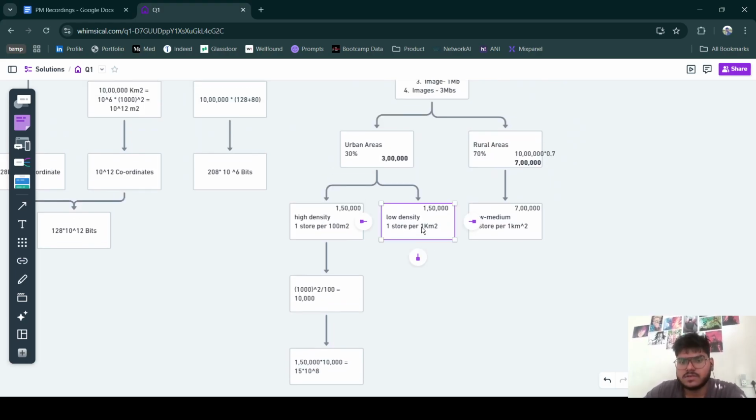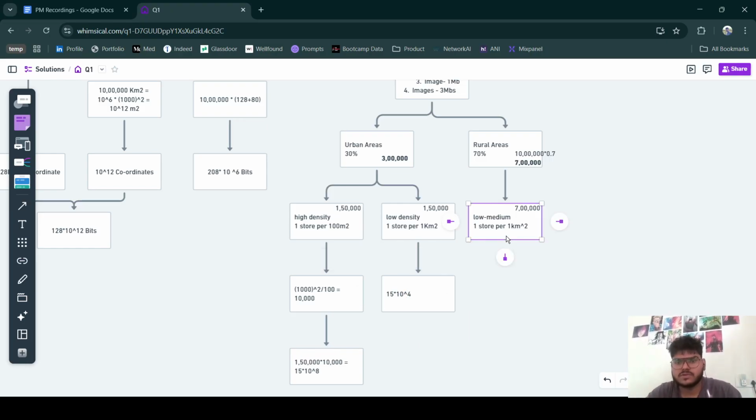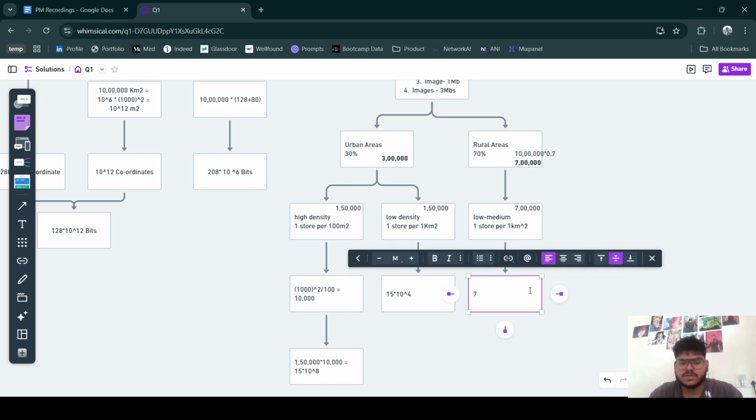And similarly, taking this match, it will say similarly 15 times 10 raised to power 4 stores, where it is around 7 times 10 raised to power something.